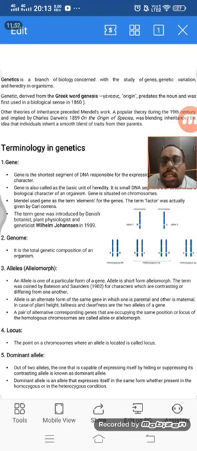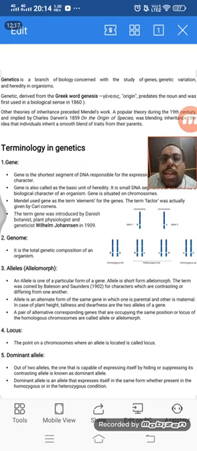When they started to study these things, Mendel introduced many terms. He found that the substance that moves from one generation to the next, Mendel called it a 'factor'.